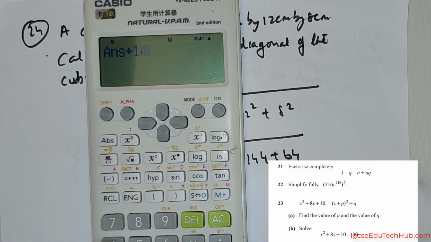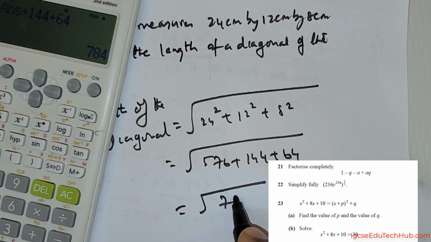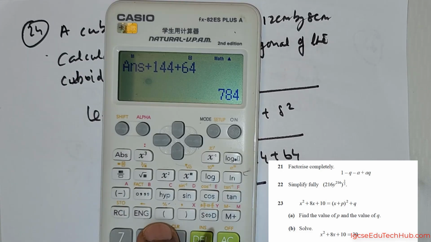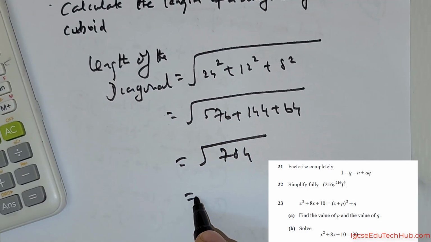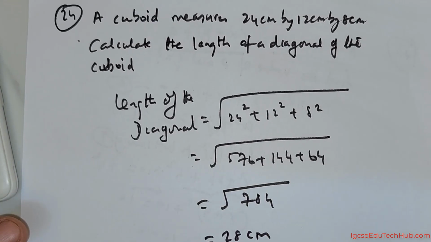So you add 576 plus 144 plus 64, what do you get? 784. So you take the square root of 784. What do you get? 28. So 28 cm is the length of the diagonal.